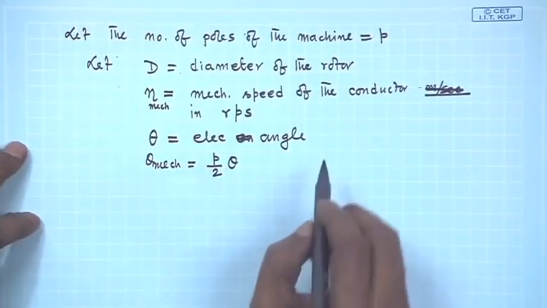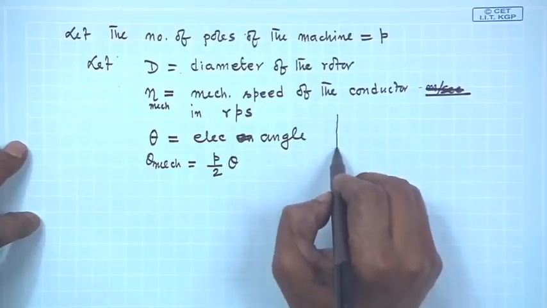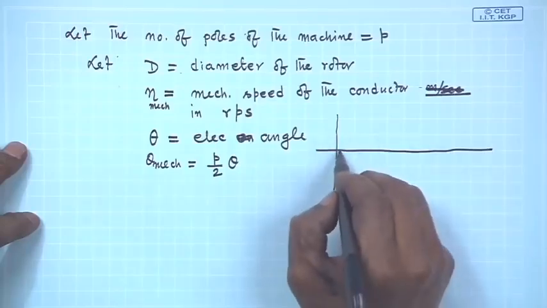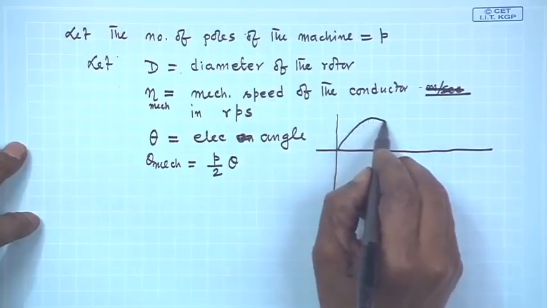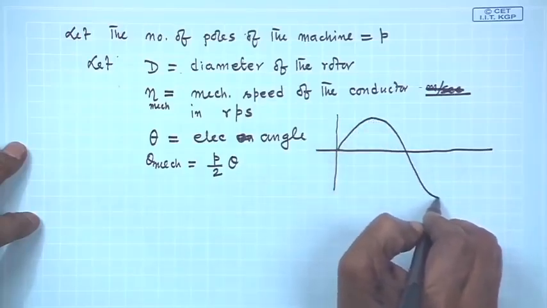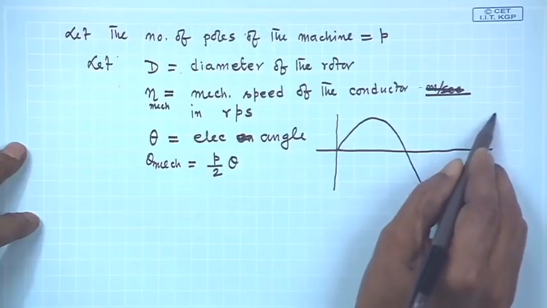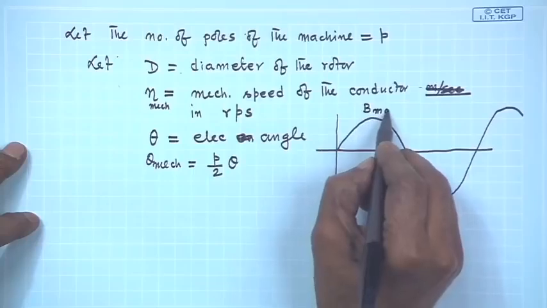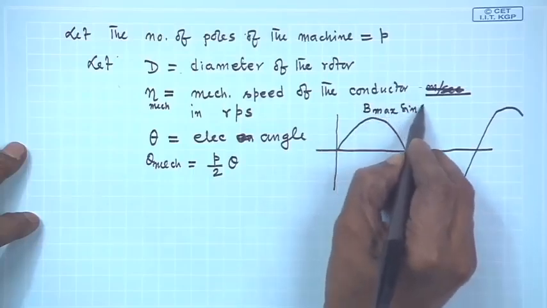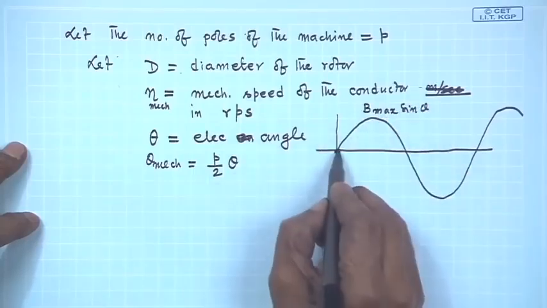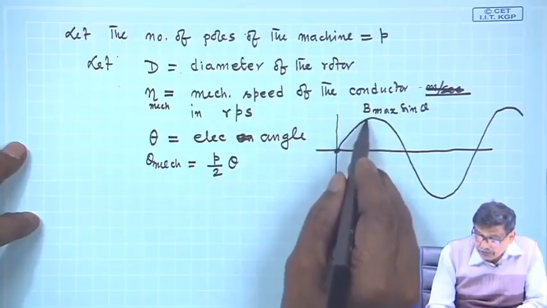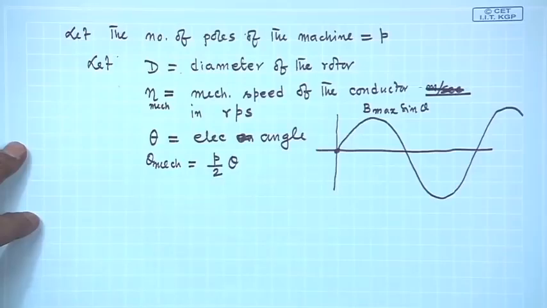And the problem is like this. B distribution is given, and I will write it as B max sin theta. If I have chosen to measure theta from 0 crossing and going towards positive, this is entirely my business.